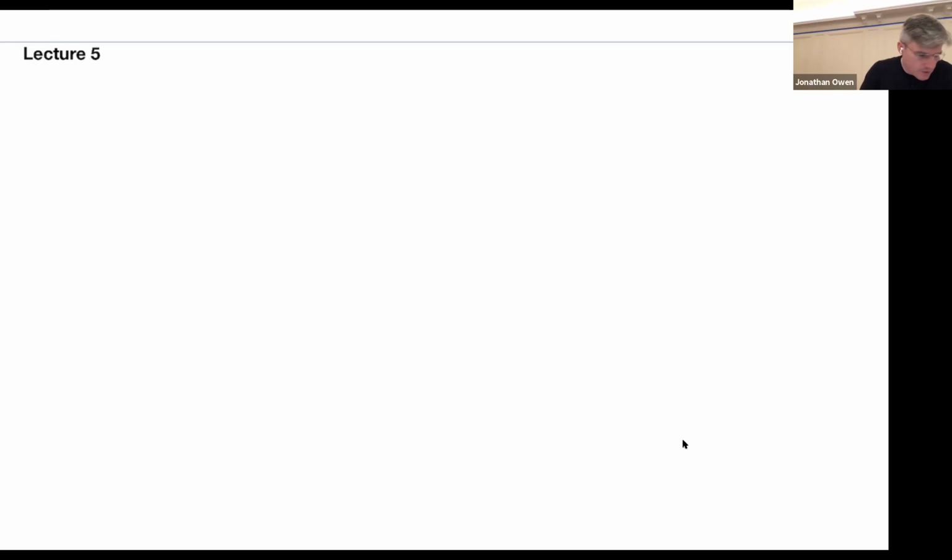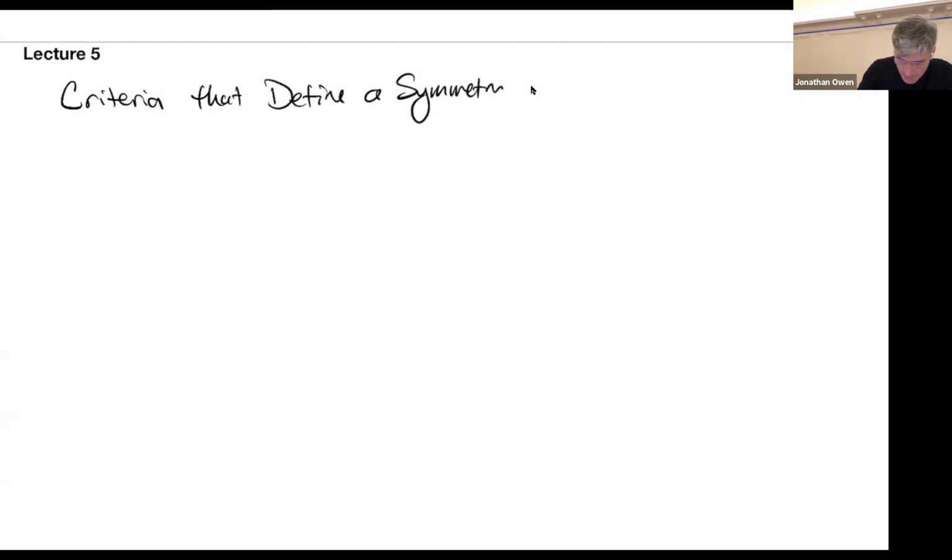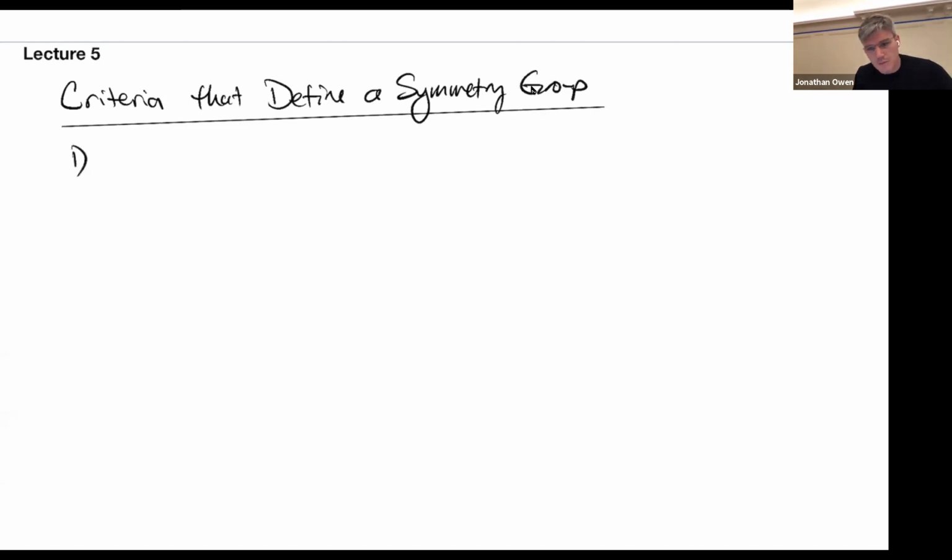Today we're going to talk about criteria that define a symmetry group. And you'll see why these are useful. It'll help us build up character tables that you're going to get used to seeing here.